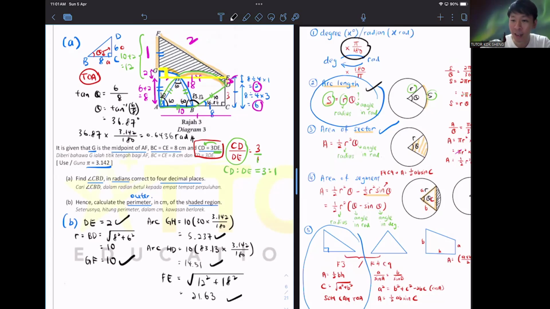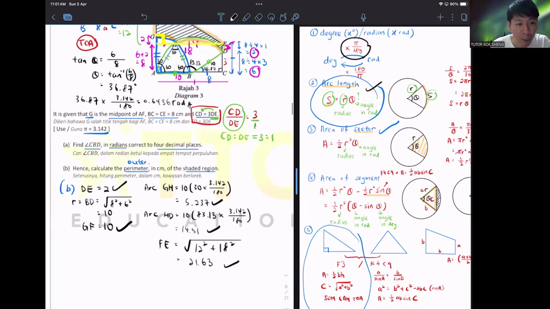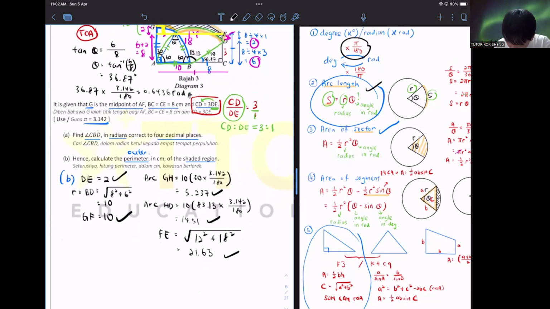These five numbers added together, you should get your perimeter. 53.377.